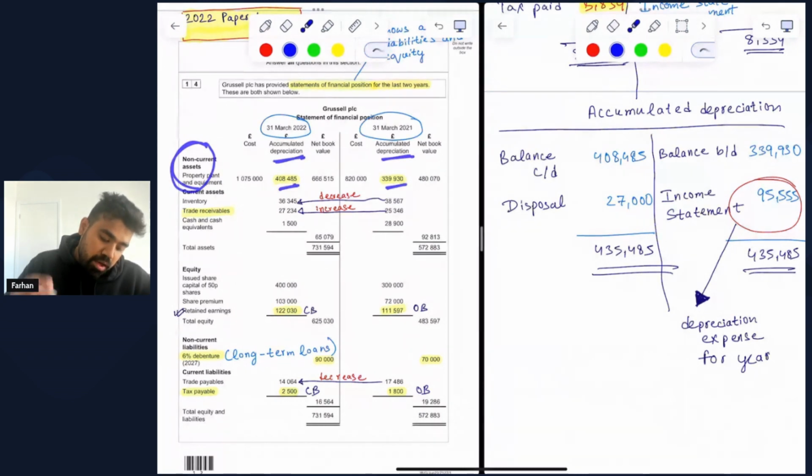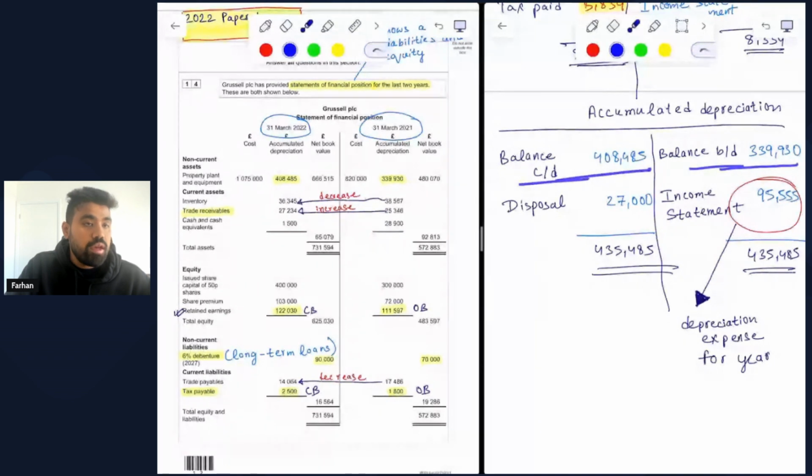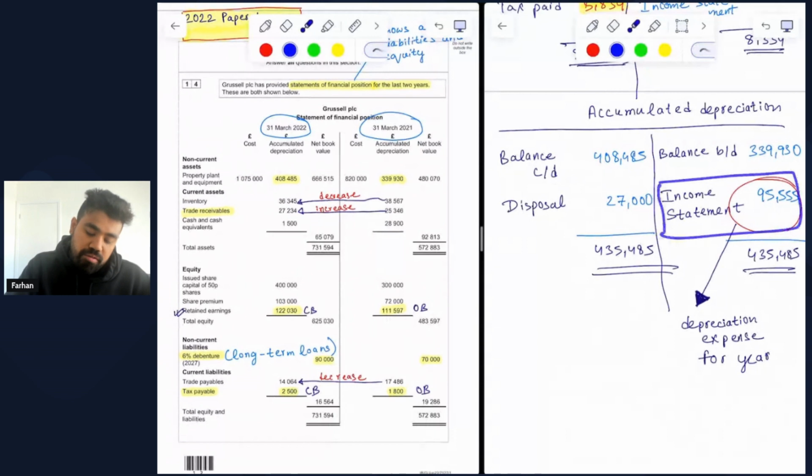The previous financial year accumulated depreciation becomes the opening balance this year. So on the credit side, I've shown balance brought down, or balance BD, of 339,930. And on the debit side, I've included balance carried down of 408,485. This amount is something that we had to derive at the very end, so we'll come back to this.